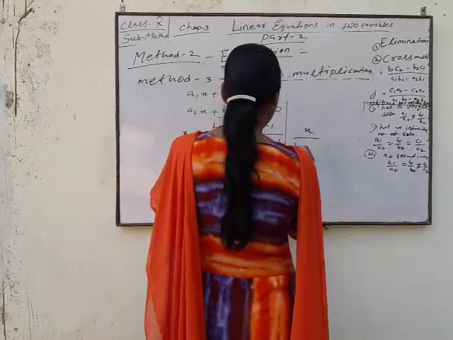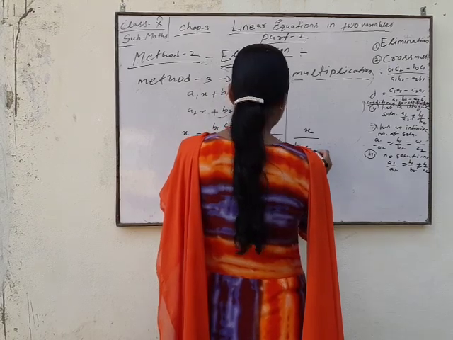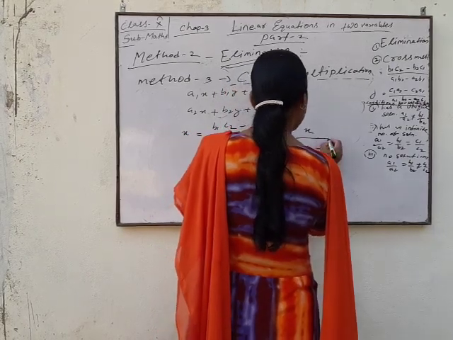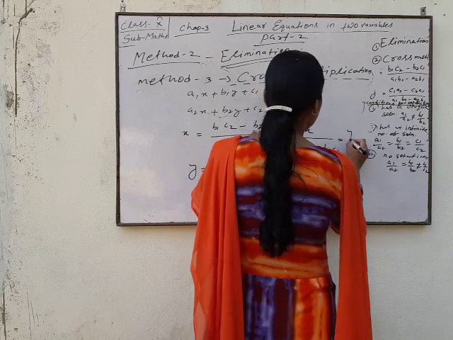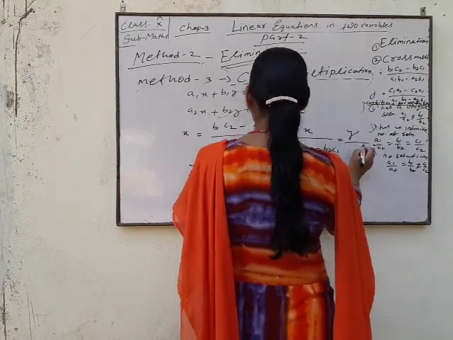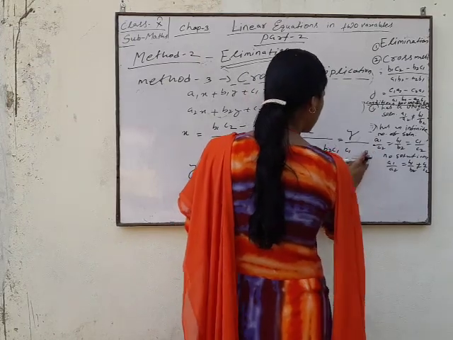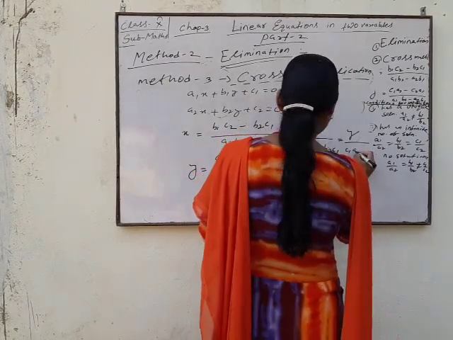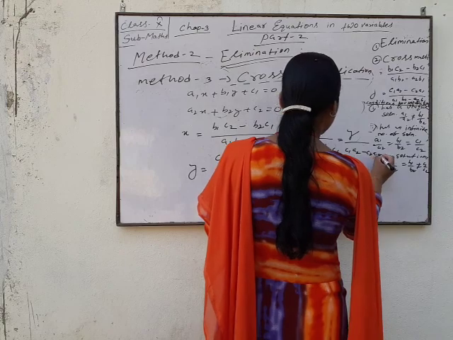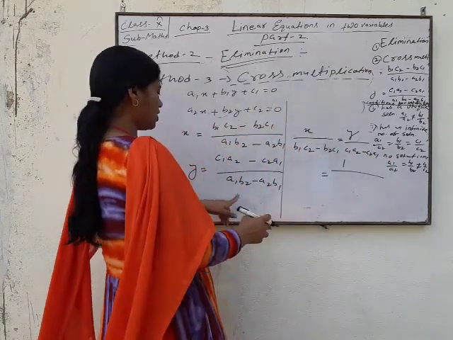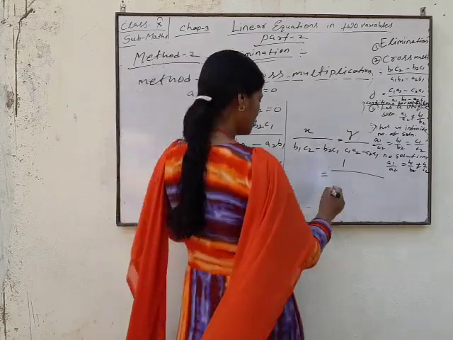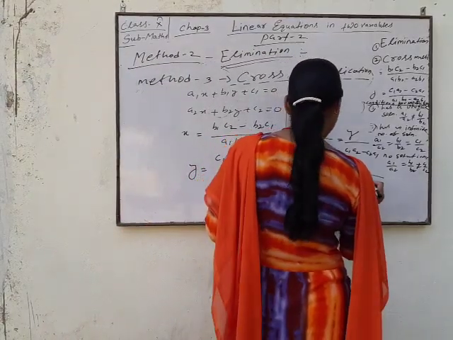x by b1 c2 minus b2 c1 is equal to y by c1 a2 minus c2 a1 is equal to 1 by the same number, a1 b2 minus a2 b1.